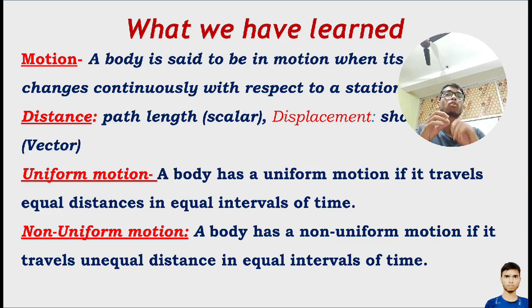So non-uniform is what? Changing of the speed of an object is a non-uniform motion.